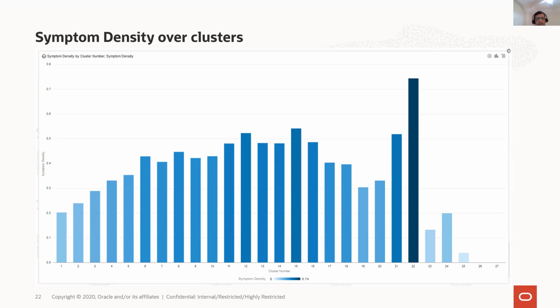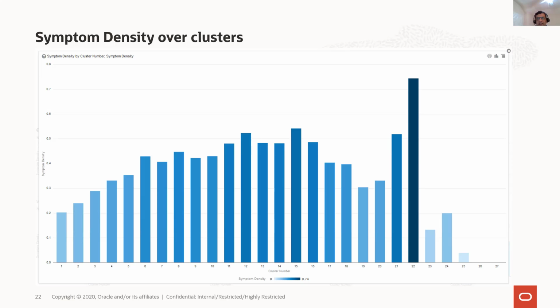You can see that as you move to the right, the later clusters have higher symptom density than the earlier ones, confirming the initial hypothesis. That's indeed the case, that people drop off, and once they fall sick, they log into the system and start reporting symptoms again.